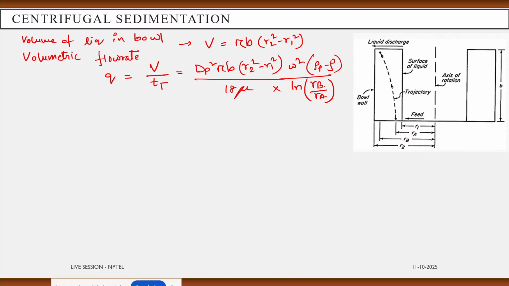So here we want to define the cut point diameter. The cut point diameter is the diameter of the particle which just reaches the halfway between this R1 and R2. It reaches the halfway.